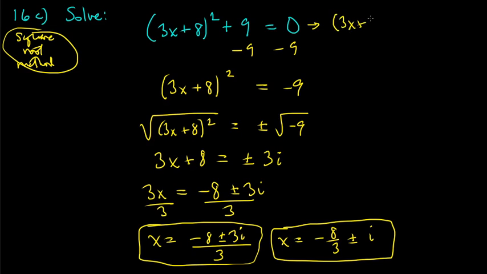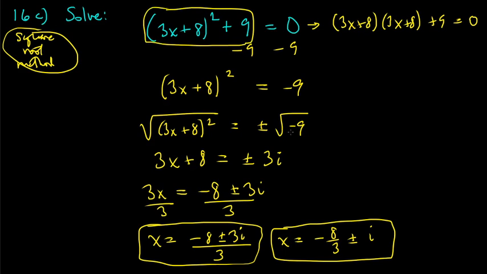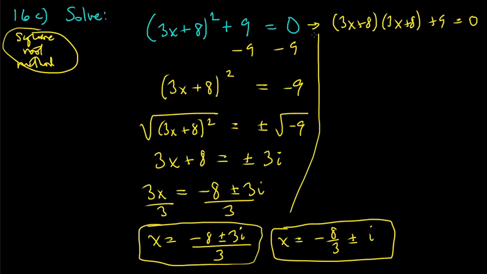So 3x plus 8 times 3x plus 8 plus 9 equals 0. So it already equals 0, but in this form, we have no idea what the a, b, and c are. So once we expand this out, I'll do that over here. What do we get? 9x squared plus 24 times 2, 48x plus 64 plus 9 equals 0.